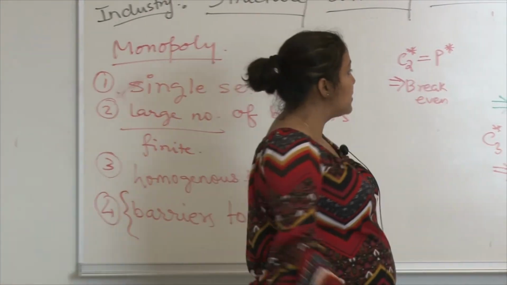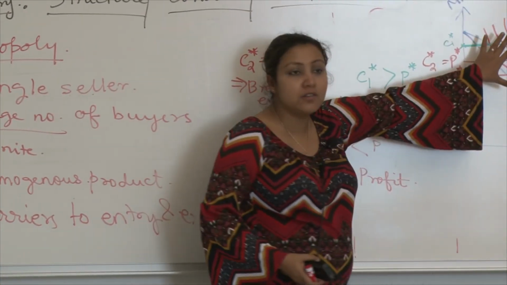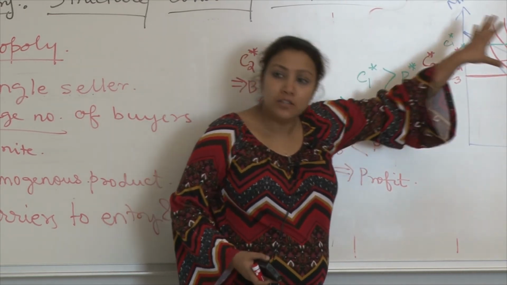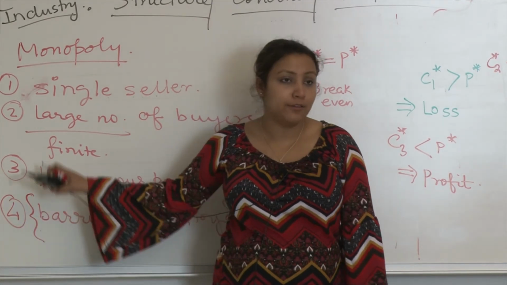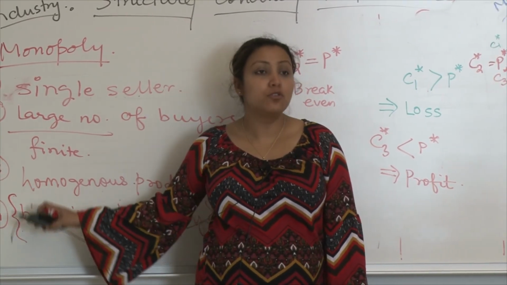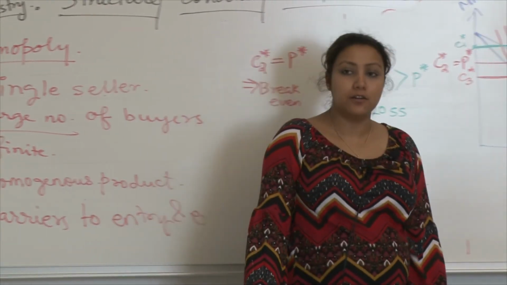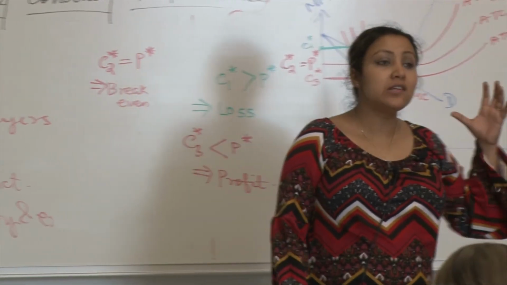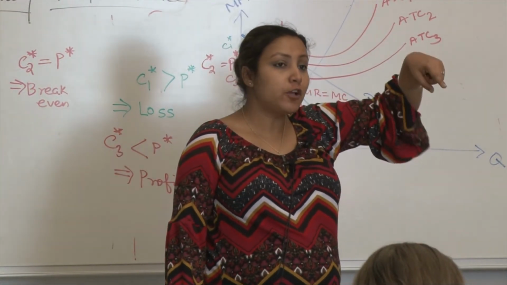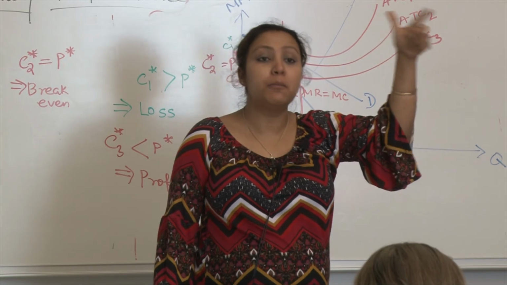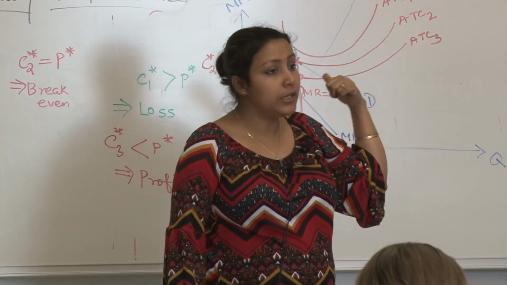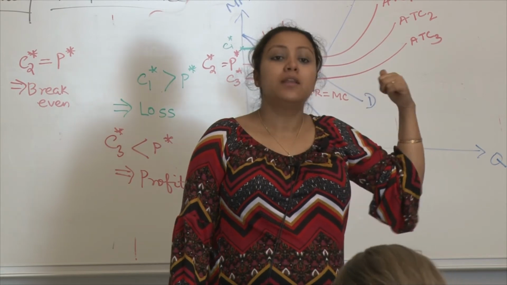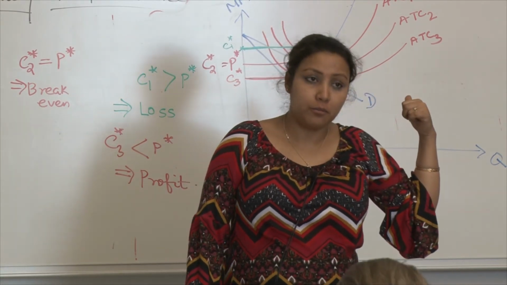So, in a monopolist, whatever happens in the short run continues over a long period of time, because you do not have adjustment through free entry and exit of sellers. So, it is a sustainable outcome. In perfect competition, profit and loss were temporary, break even was permanent. In case of monopoly, whatever be the outcome, that is sort of permanent and not temporary.